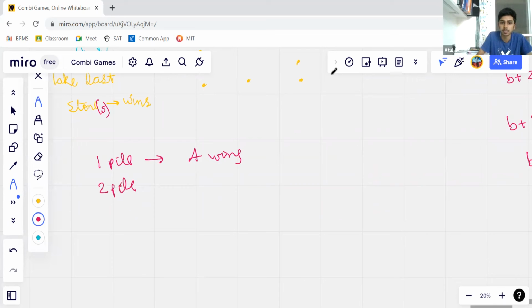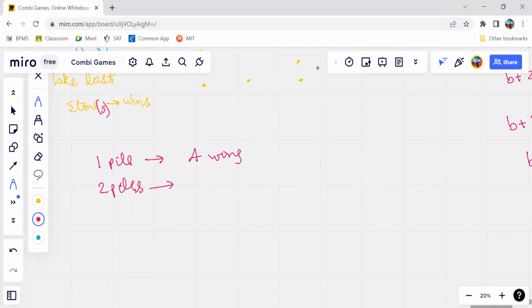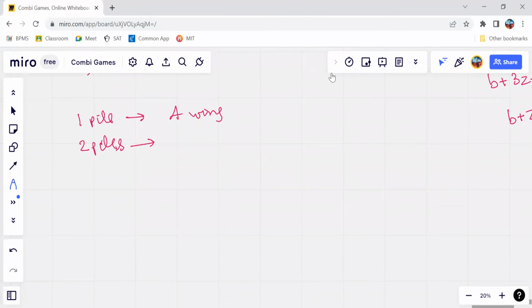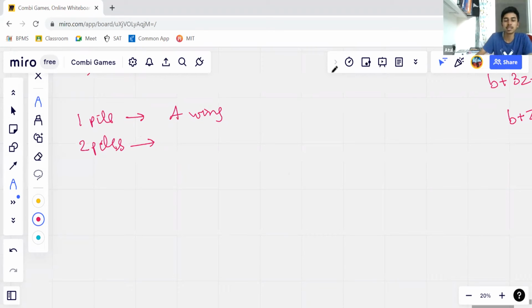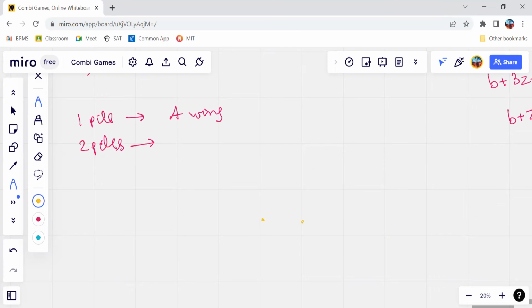So for 2 piles, it's slightly more interesting. I guess A wins again. Always? Oh, let's try this simple case. Like make 4 and 5. Why 4 and 5? Okay, 1 and 1.